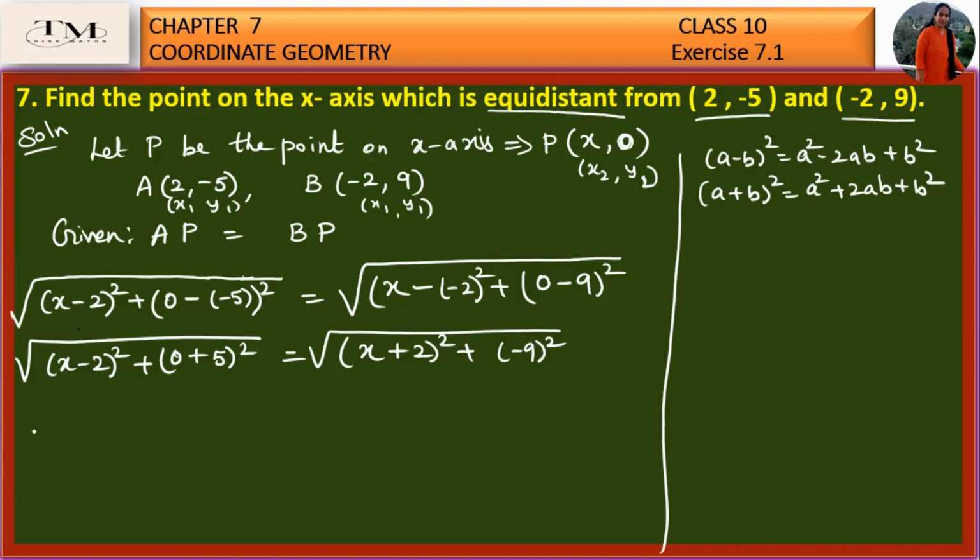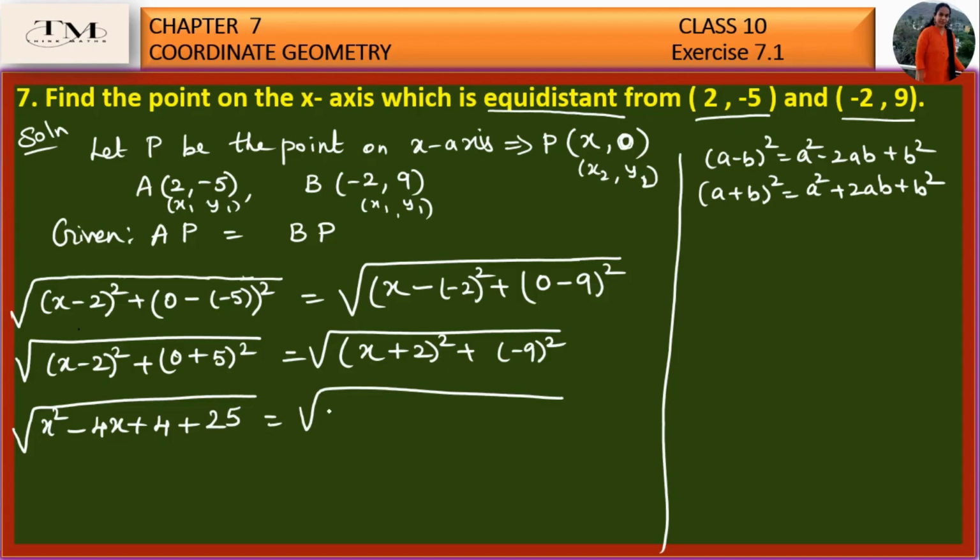Applying these formulas here, x minus 2 whole square is x square minus 2ab, so 2ab will be 4x, plus b square is 4, plus 0 plus 5 is 5, so 5 square is 25, which is equal to here a plus b whole square, so a square x square plus 2ab, so plus 4x, plus b square. So b square is 4 plus minus 9 whole square is 81.